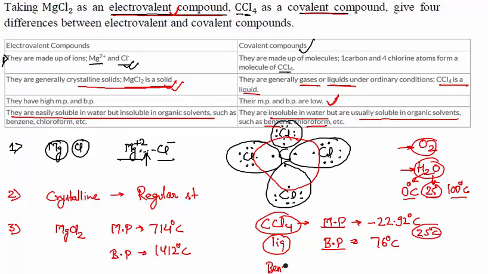The molecular formula of benzene is C6H6, and chloroform, which is again pretty important, is CHCl3. Water is H2O. So electrovalent compounds are soluble in water and insoluble in organic solvents; just reverse it for covalent compounds. Hope you understand this part.